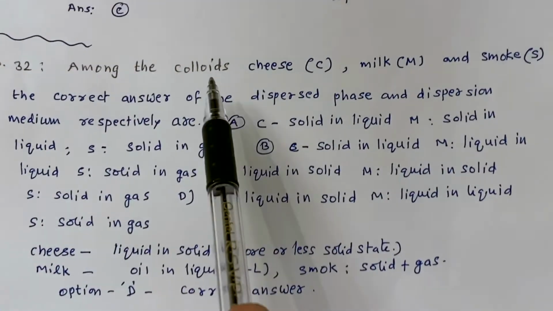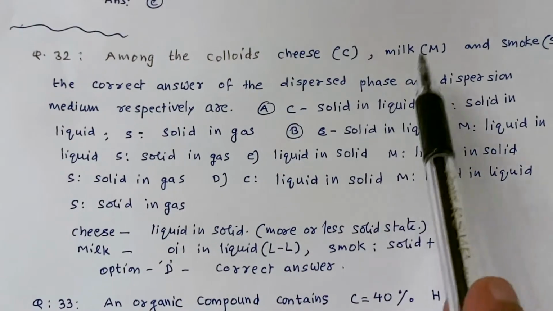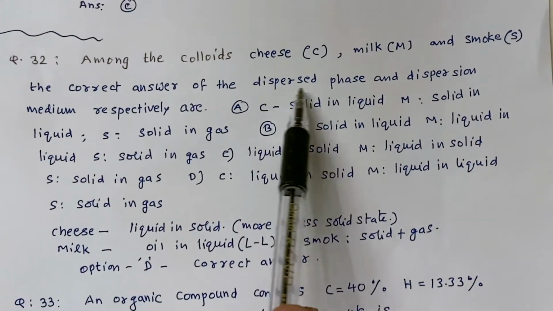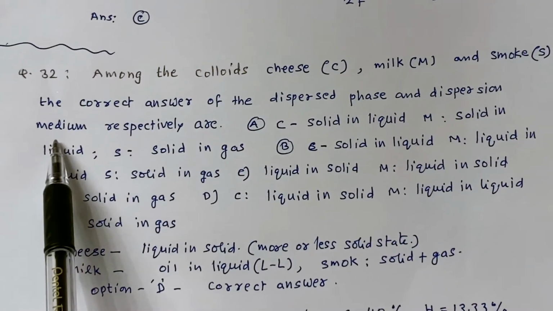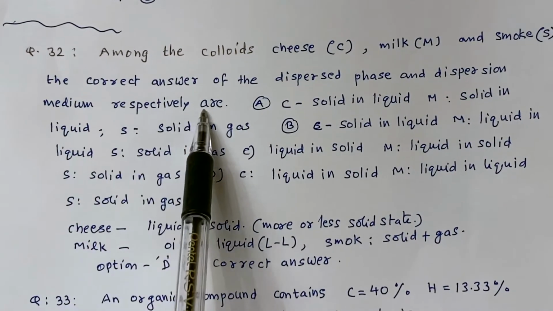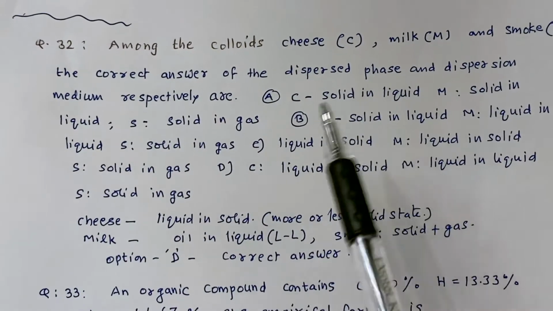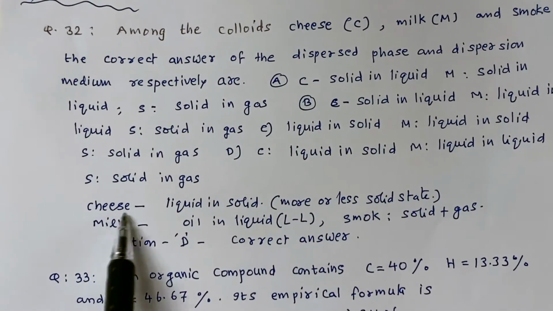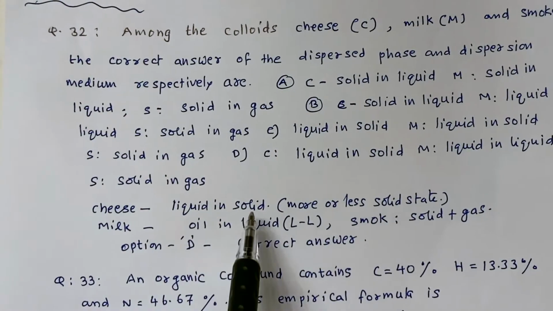So among the colloids cheese, milk and smoke, the correct answer of the dispersed phase and dispersion medium respectively are, he has given 4 options. So in this one cheese is liquid in solid.